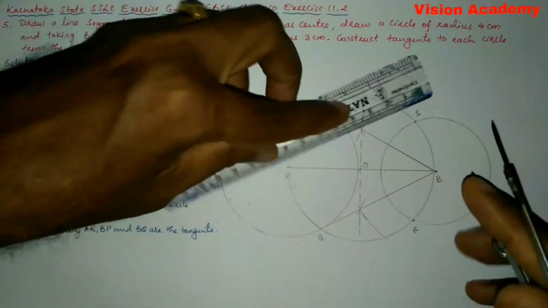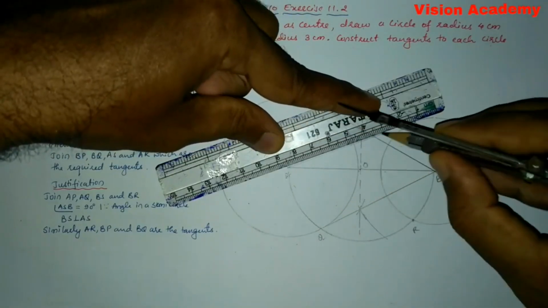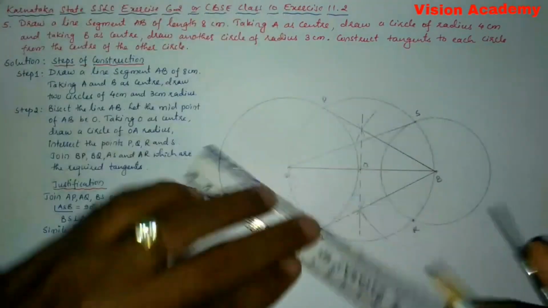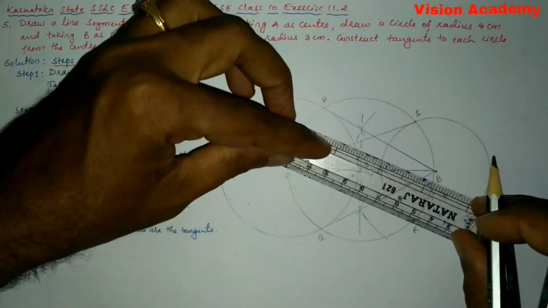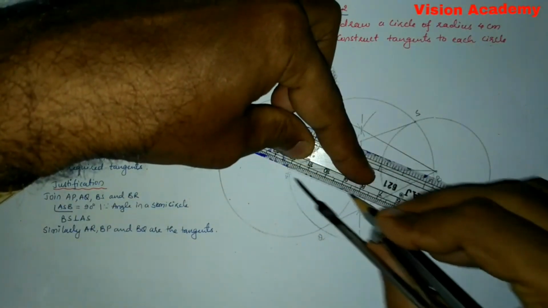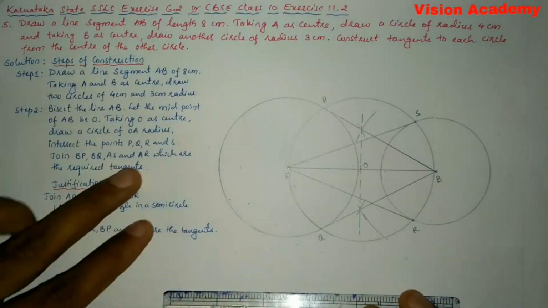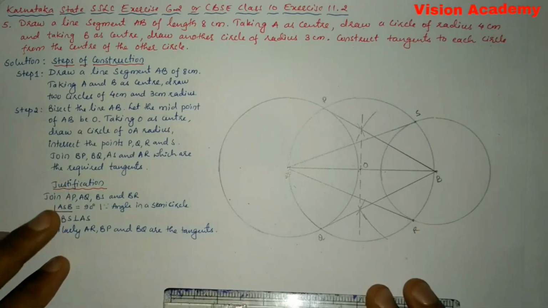From here you can draw AS. Next AR. So here BP, BQ, AS and AR are the required tangents.